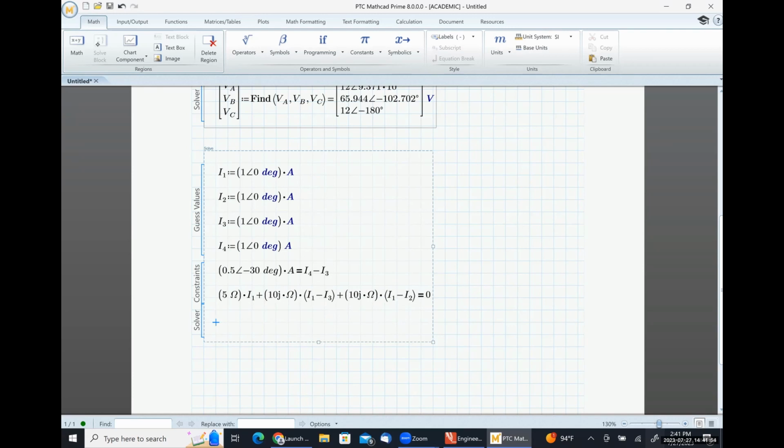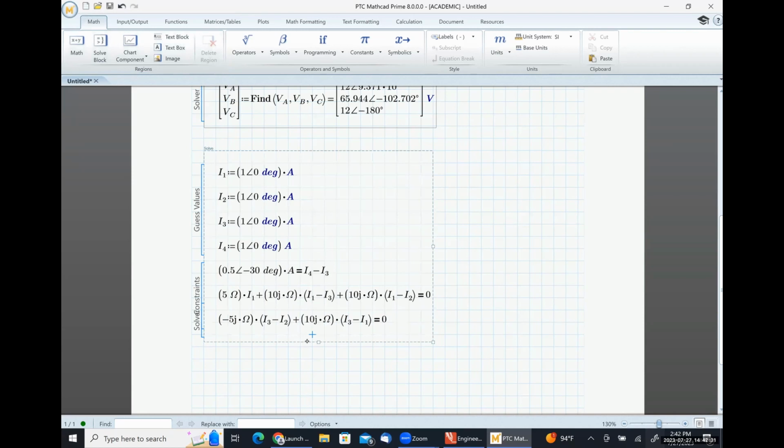I'll do my super mesh equation now. So negative 5J ohms times I3 minus I2 plus 10J ohms times I3 minus I1 is equal to 0.